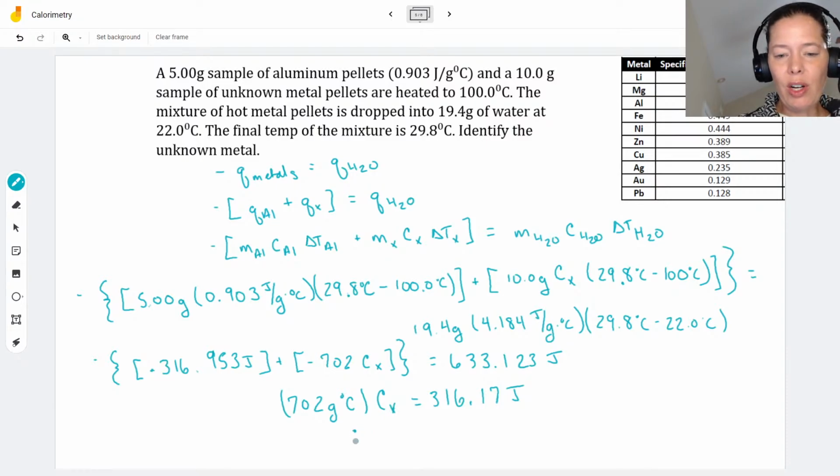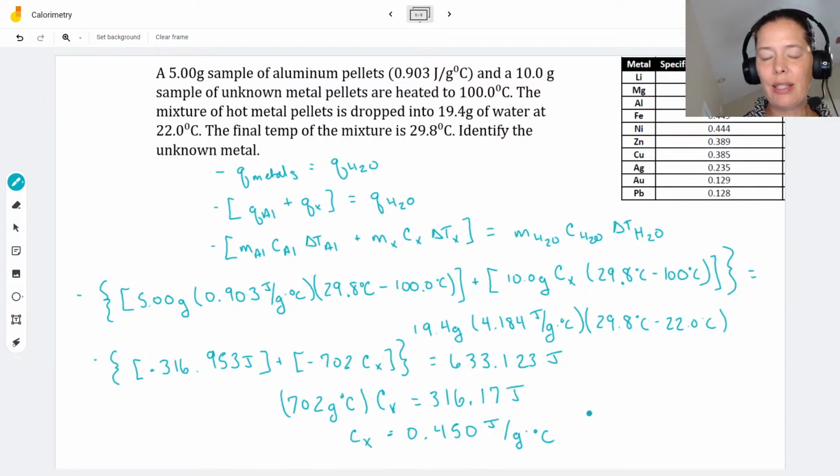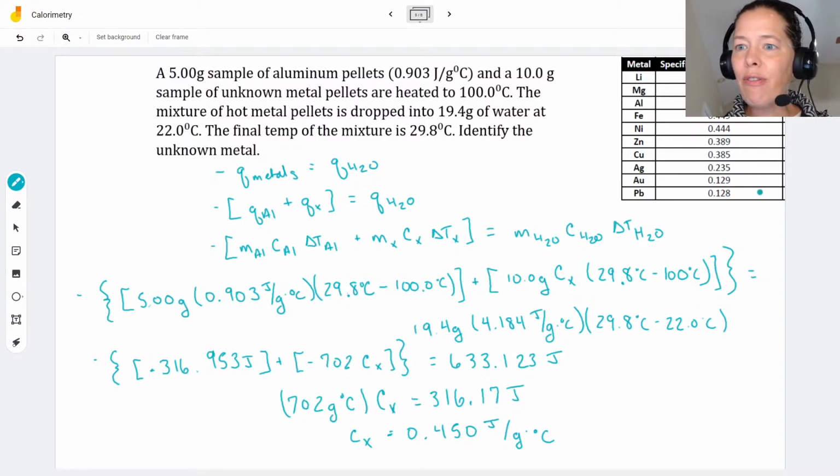Okay, so our specific heat of our unknown metal X is 0.450. And you can see how your units end up being joules per gram times degrees Celsius, which is always nice.